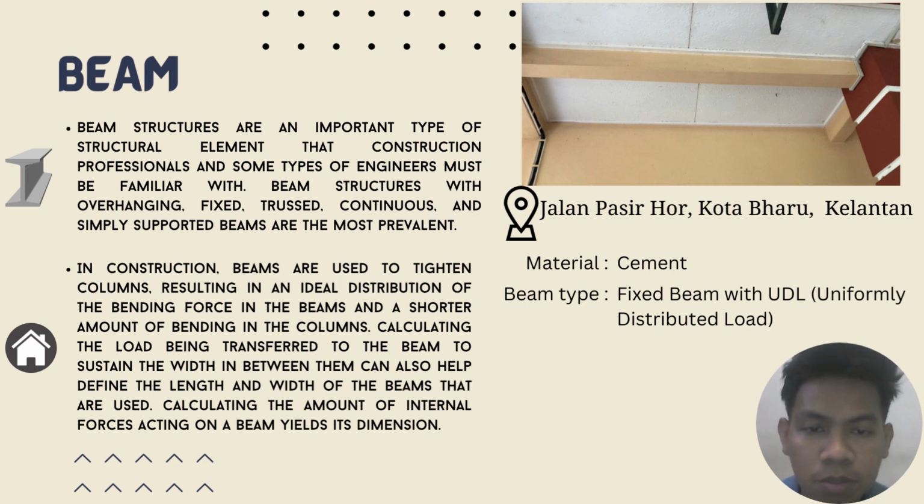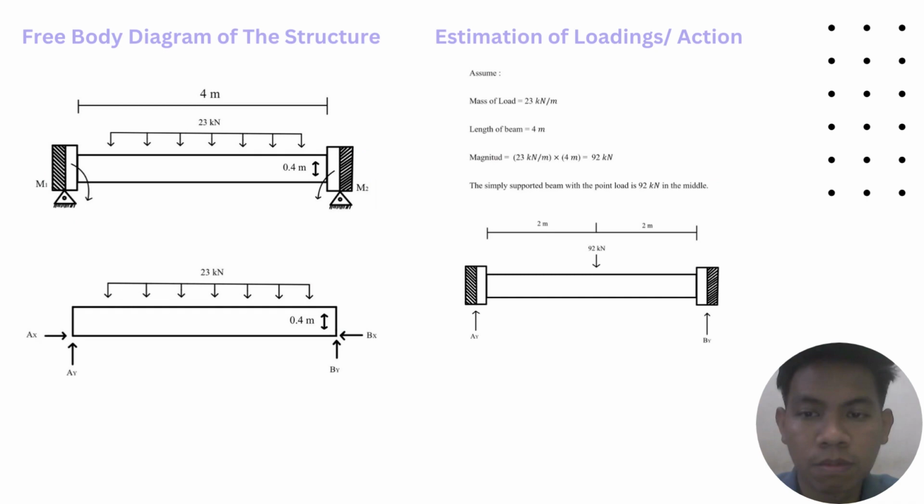In construction, beams are used to tighten the columns, resulting in an ideal distribution of the bending force in the beams and a shorter amount of bending in the columns. Calculating the load being transferred to the beam to sustain the width in between them can also help define the length and width of the beams that are used. Calculating the amount of internal force acting on a beam yields its dimension.